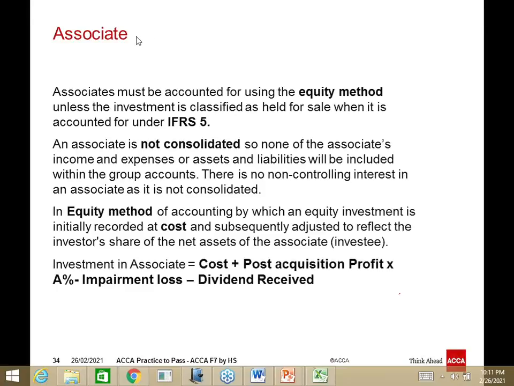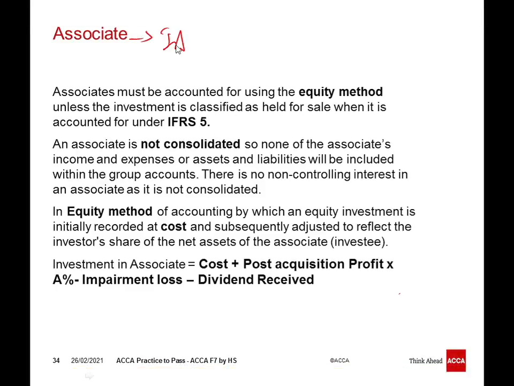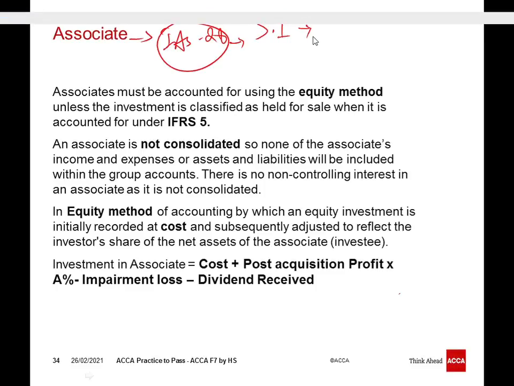Now that's the new thing in consolidation, that is associate, IAS 28. Previously, I have given the basic introduction of the associate, means an entity on which we have got the significant influence. Significant influence means power to participate, which could be assumed when we have 20% or more shares. Associate will never be consolidated. Do remember this point.